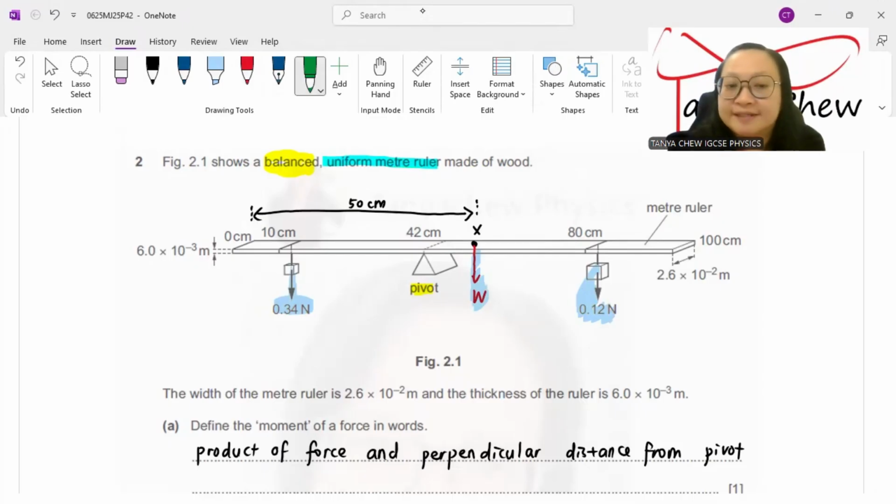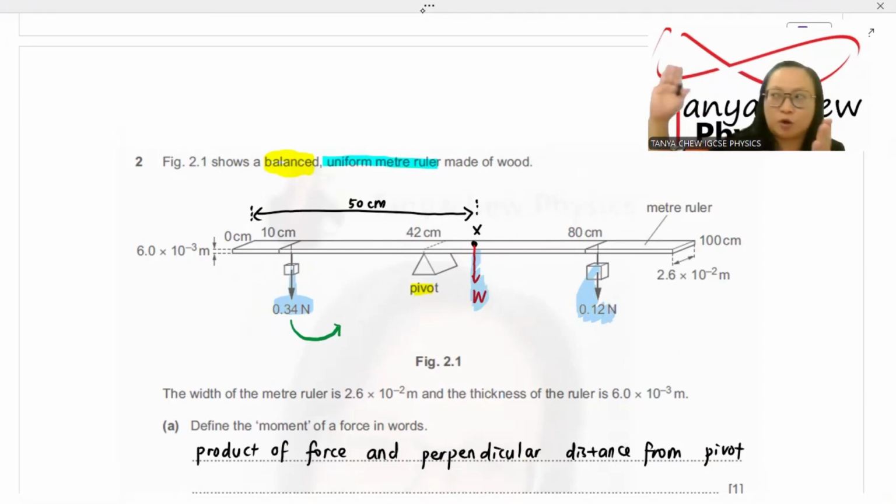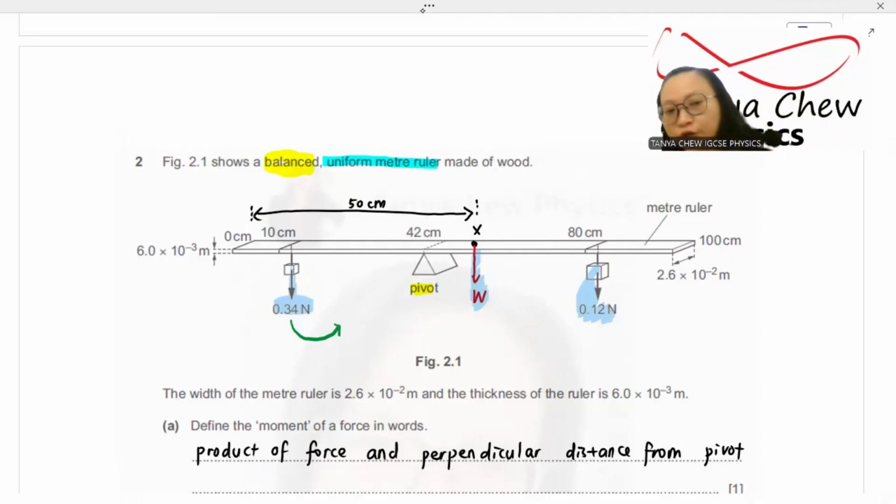First, look at 0.34 Newton. Look at the direction of the force. It is downwards. To determine the direction, the easiest way is that while it is going downward, it has to turn towards the pivot. After all, this force causes a turning effect. Remember? Turn towards the pivot. Since the pivot is on the right-hand side, it has to turn in that direction. This is called anti-clockwise direction.